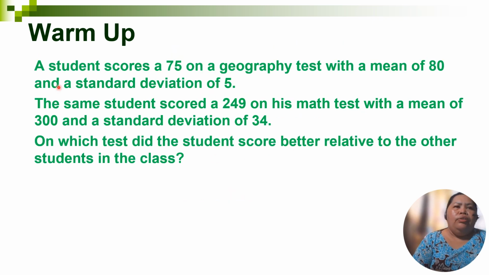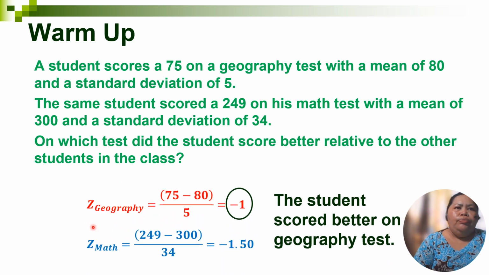Okay. A student scores 75 on a geography test with a mean of 80 and a standard deviation of 5. The same student scored 249 on his math test with a mean of 300 and a standard deviation of 34. On which test did the student score better relative to the other students in the class?